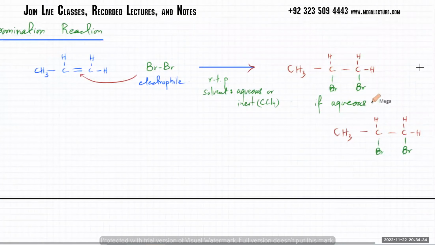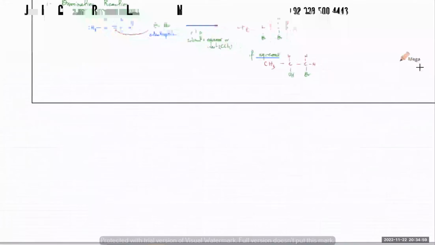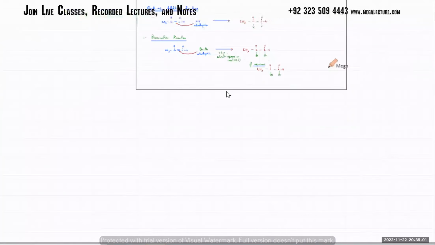So either one of the Br atoms could be replaced by an OH group that might be attached, coming from the water, if aqueous. Is this clear? Yes sir. Why was this reaction so important?